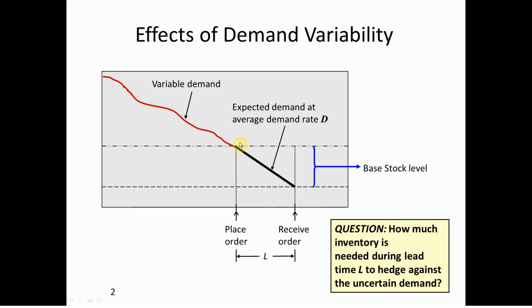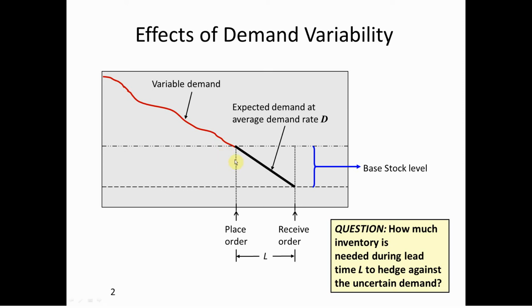Of course, there'll always be what we expect as an average demand or expected demand, and that will be represented by a constant line. There's going to be a constant average demand. So what is the effect of having variability of demand?